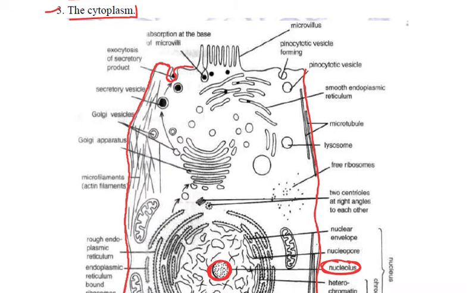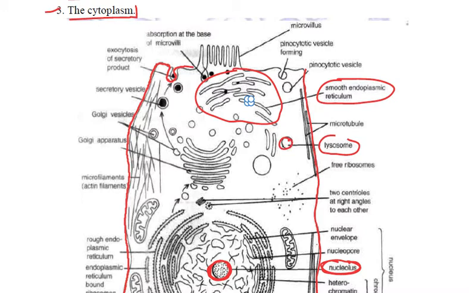Right? First of all, this structure is smooth endoplasmic reticulum. This is what we are talking about, animal cells. This is a diagram of an animal cell. Right? So we can see these structures. These structures are basically smooth endoplasmic reticulum. Here we see these lysosomes.